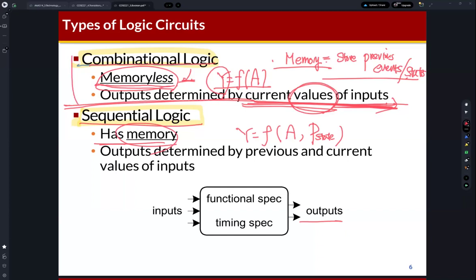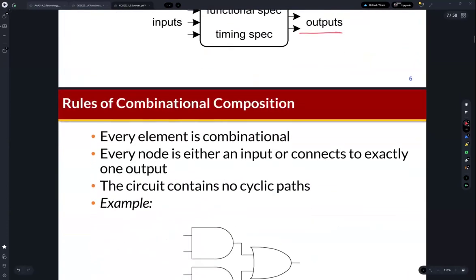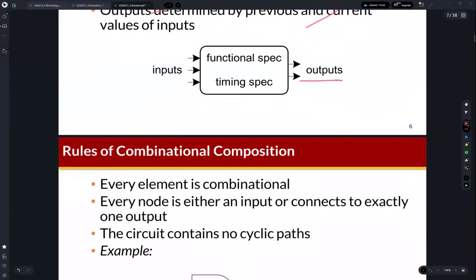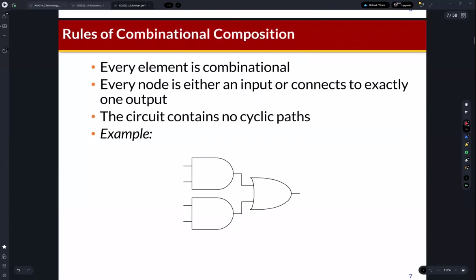As you can see, combinational logic is easier to understand because the output is determined by only the current input, right? But sequential logic is determined by the previous state.